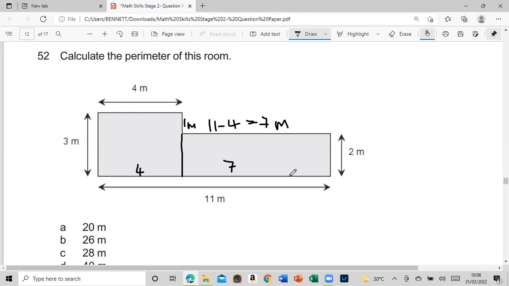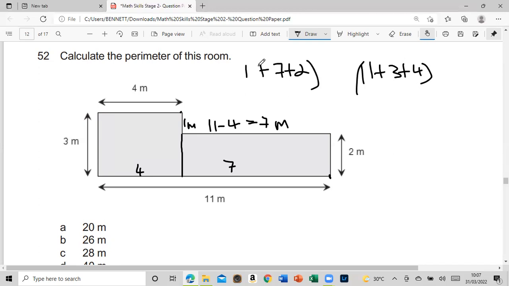Alright, so let's go now. So 11 and 11, add them. We're going to start from here. So 11 plus 3 plus 4, plus 1, plus 7, plus 2.